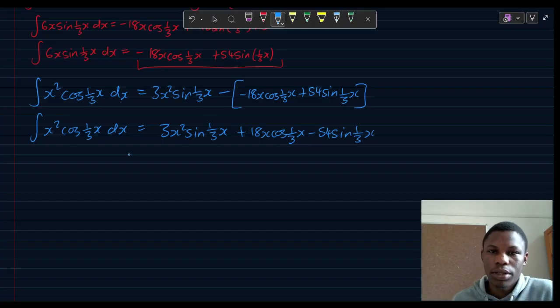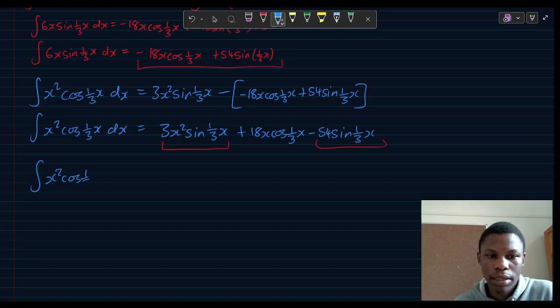I think I'm just going to factor out a sine a third x from these two, and then we'll bring back our limits. I could probably also factor a 3 out from them, but doesn't feel necessary.